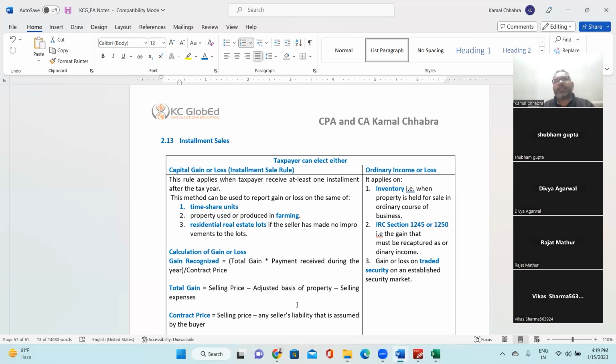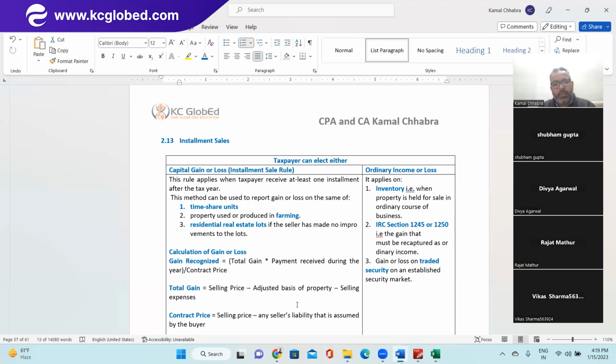So for tax purposes, the choice has been given to the taxpayer as to which method you want to use for your installment sales to be taxed. It can be ordinary business income or loss, or you can choose to consider it a capital gain.